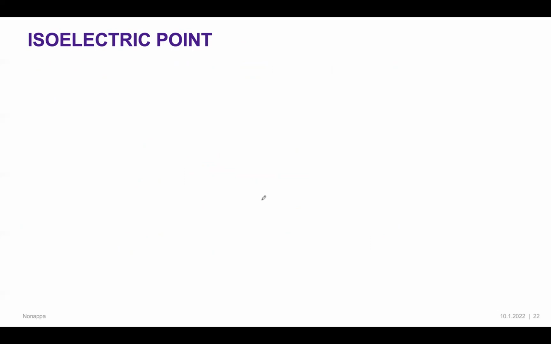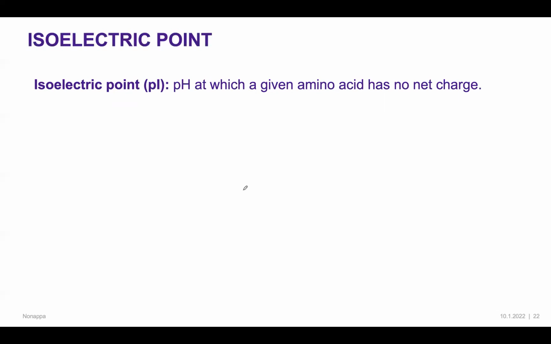The next important property of amino acids, peptides and proteins is the isoelectric point. That means the pH at which a given amino acid has no net charge, a zero charge. If we look into this amino acid here, which is valine, we have a pKa of the amino group, which is 9.69, and the pKa of the carboxylic acid is 2.34.